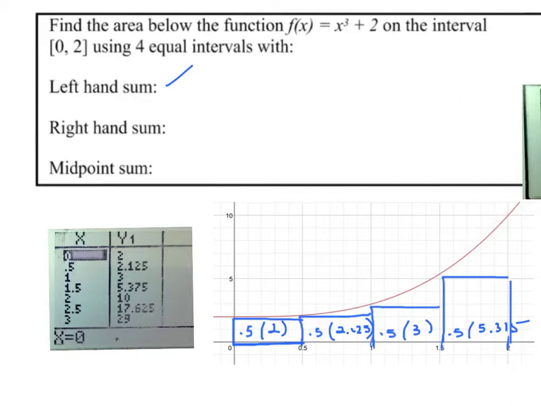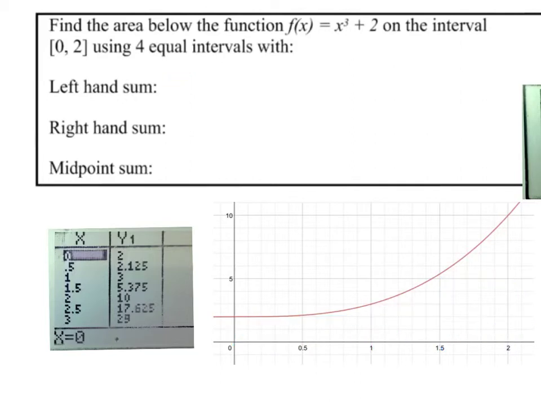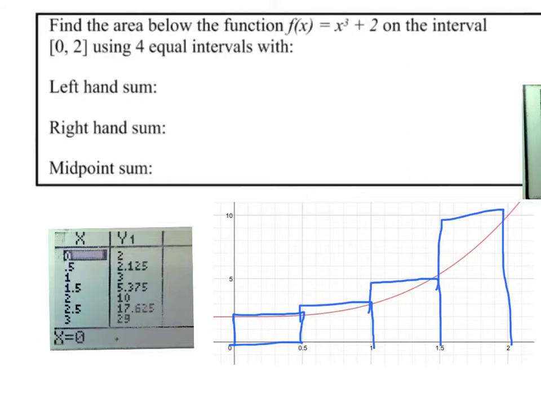Next, we're going to do the right-hand sum. Let me erase here if I can. As we go from 0 to 0.5, 0.5 will set our height. Now you can see, my bad rectangles notwithstanding, that the right-hand sum will definitely give us an overestimate, as it will for anything that is increasing and concave up.